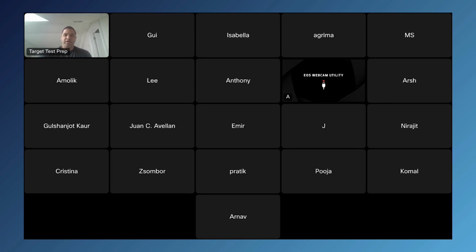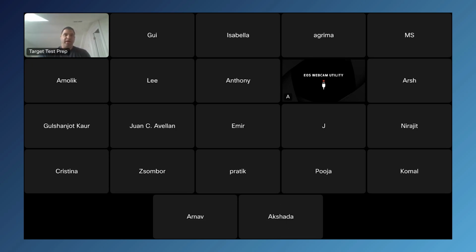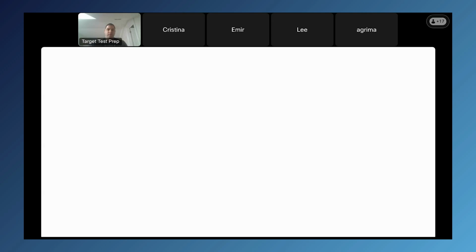So the first thing I actually want to do here is a min-max problem. We talk about min-max a lot in different circumstances. I want to talk about min-max in the realm of inequalities. So let's start with this here. Give me one quick sec, I'm going to pull it up. As you guys get the answer, put it in the chat box, and then we will talk about it.